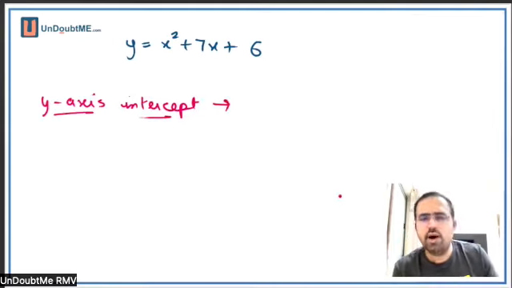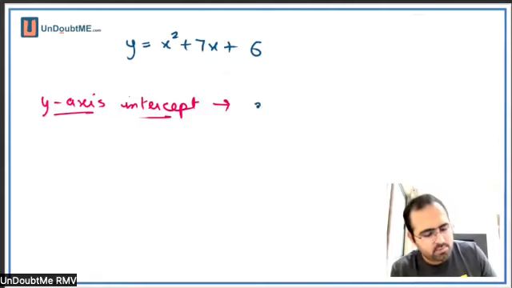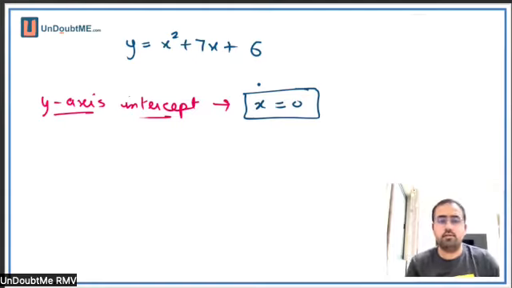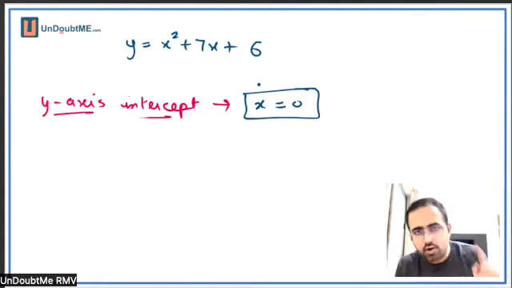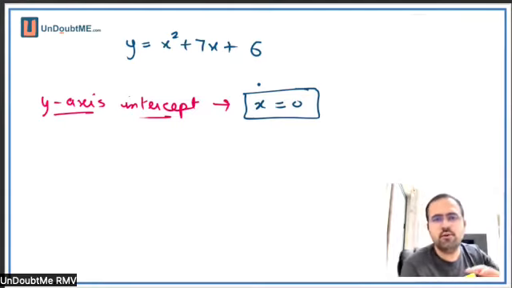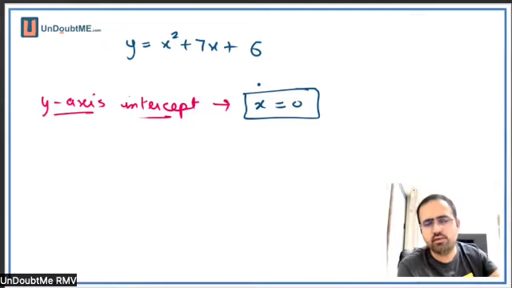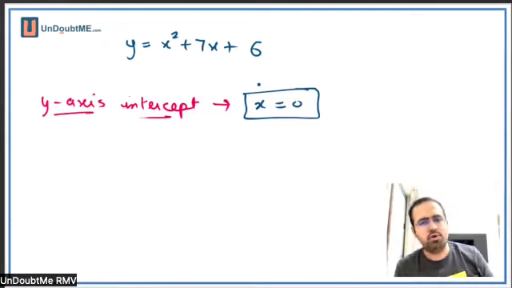The y-axis intercept is always obtained by putting x is equal to 0. Always. And this is applicable for all types of functions, not only quadratics. Putting x is equal to 0 will give you the y-axis intercept.